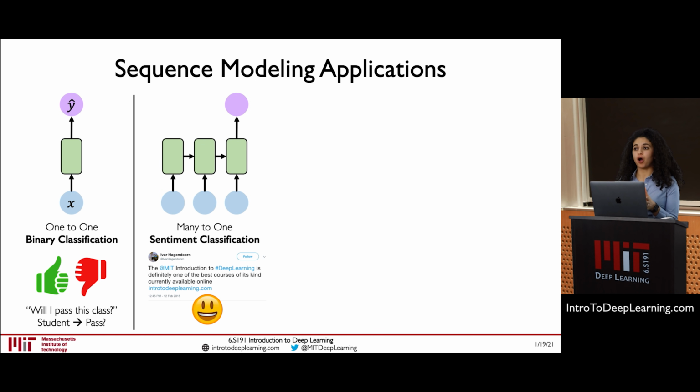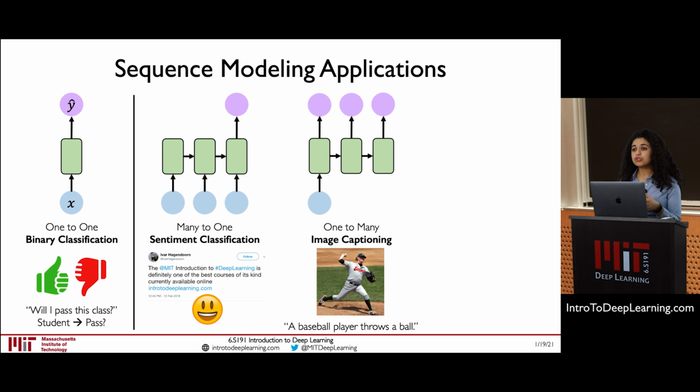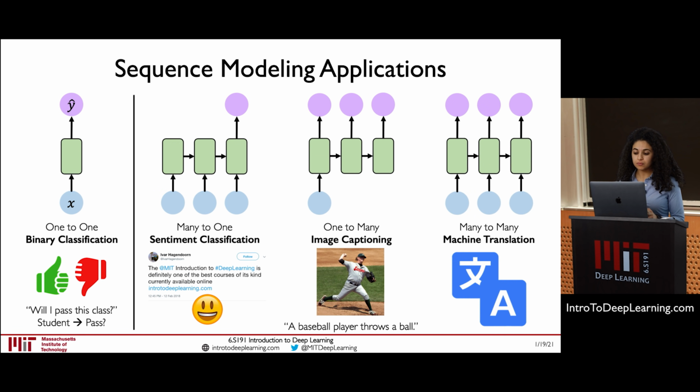And you can think of this problem as having a sequence input, single output, or as a many-to-one sequence problem. We can also consider the converse case, where now our input does not have that time dimension. So for example, when we're considering a static image, and our task is now to produce a sequence of outputs, for example, a sentence caption that describes the content in this image. And you can think of this as a one-to-many sequence modeling problem.